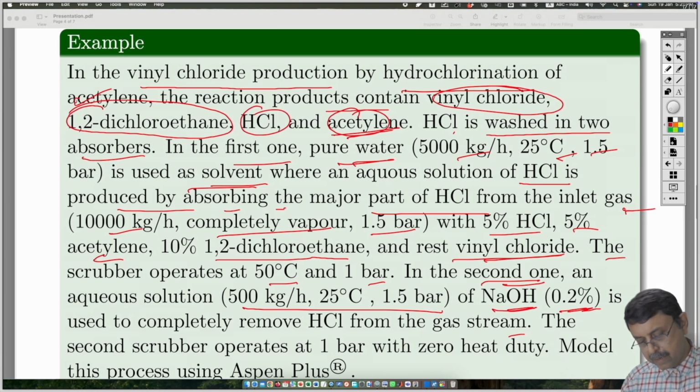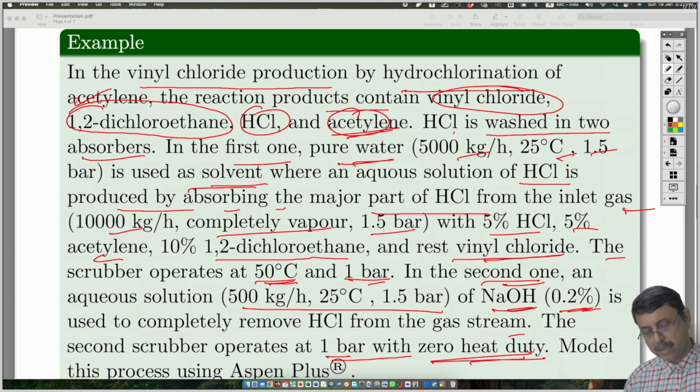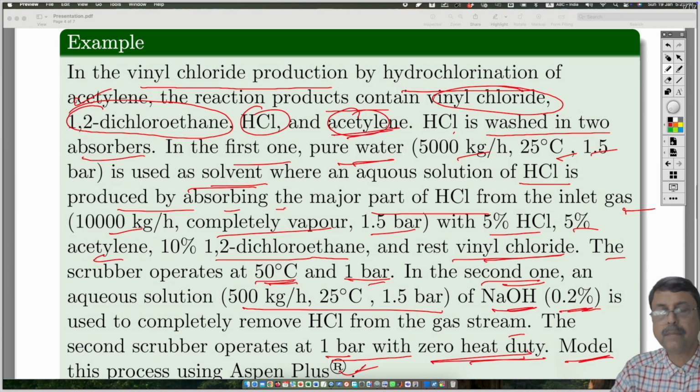The second scrubber also operates at 1 bar pressure with 0 heat duty. So in the first case, we had scrubber operation at 50 degrees centigrade, 1 bar, and the second scrubber operates at 1 bar with 0 heat duty. So this is adiabatic in nature. Now we are supposed to model this process using Aspen Plus. So this is the complete problem.